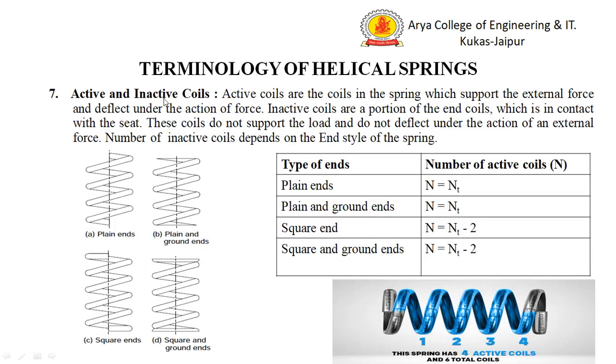Now active and inactive coils. Active coils are the coils of the spring which support the forces and deflect under the action of the forces. In practical case, generally some portion of the end coils is in contact with the seat.